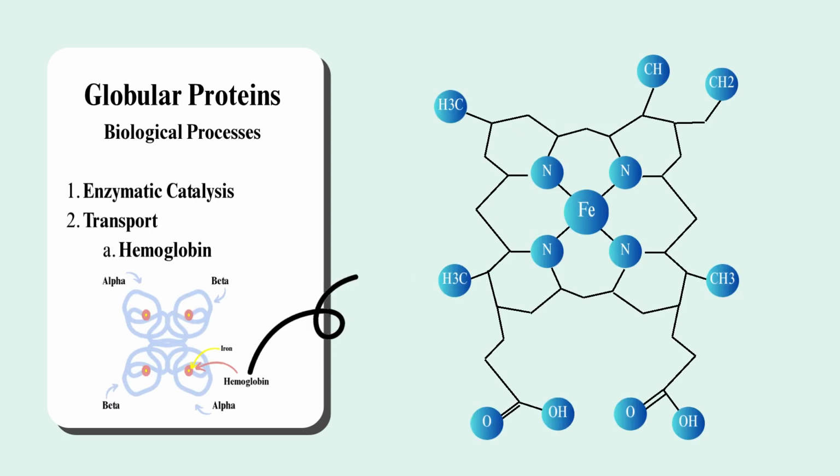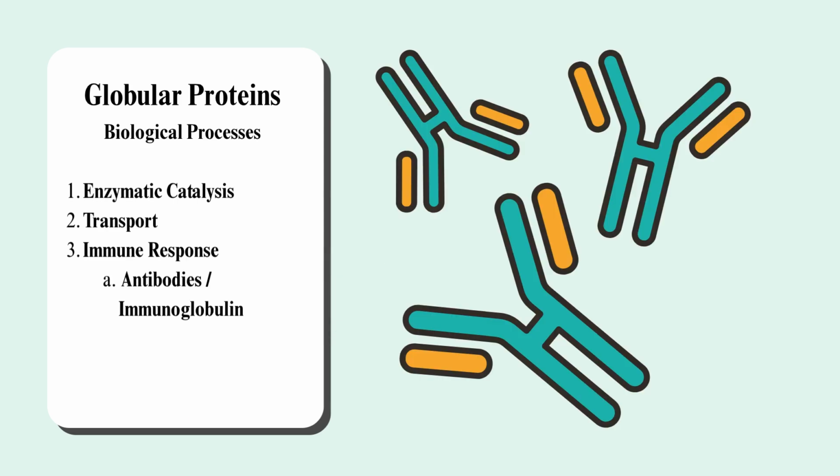Transport. They transport various molecules throughout the body. Hemoglobin, for instance, transports oxygen in red blood cells. Immune response. Antibodies, immunoglobulins, are globular proteins that help the immune system fight infections by recognizing and neutralizing pathogens.